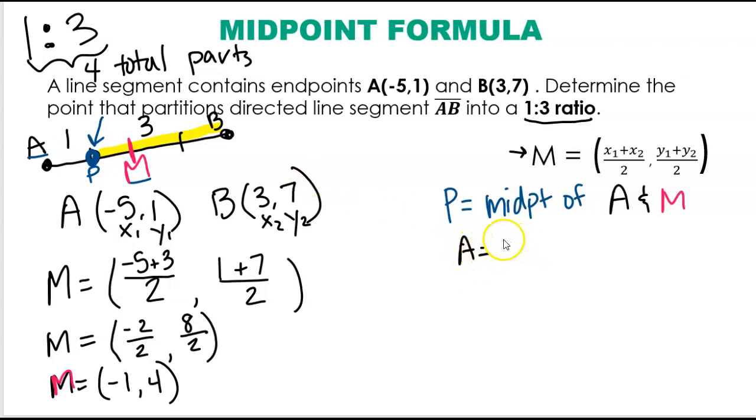A is located at -5, 1. Remember, that's our original A. That's what they gave us. Point M is what we just solved for. Point M is located at -1, 4.